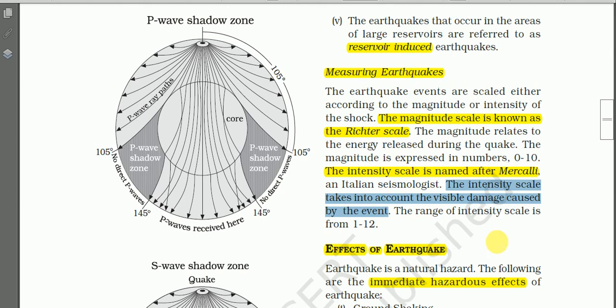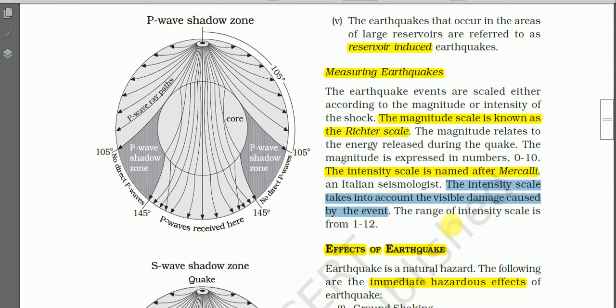So the intensity scale is measured after seeing the visible damage. The magnitude scale is based on the energy release at the focus of the earthquake, and the intensity scale is measured after examining the visible damage.